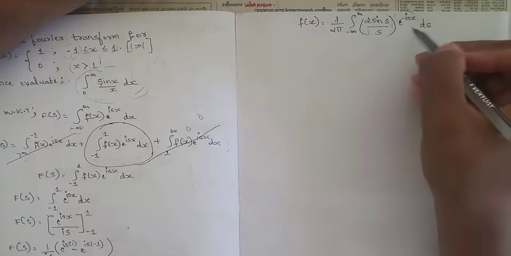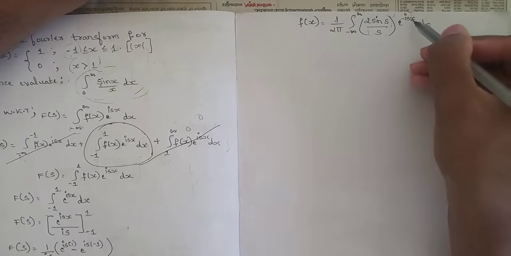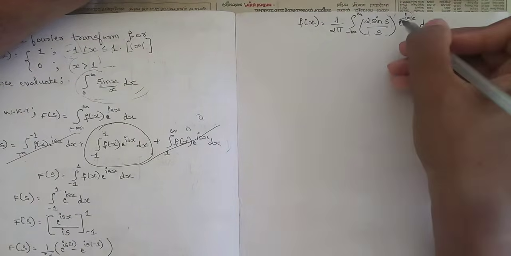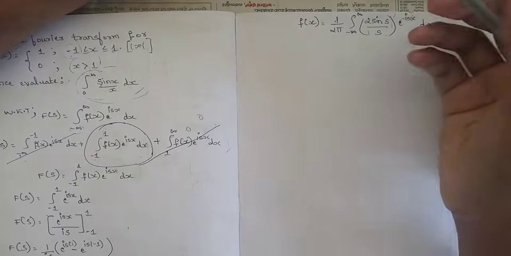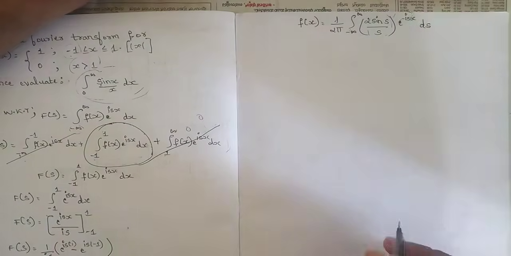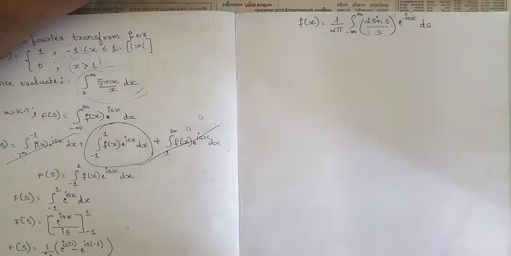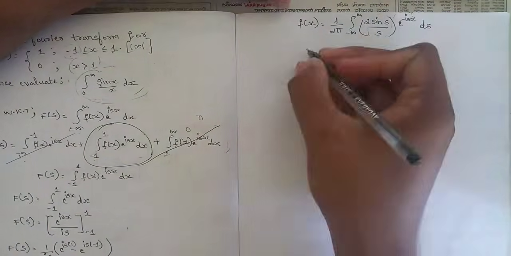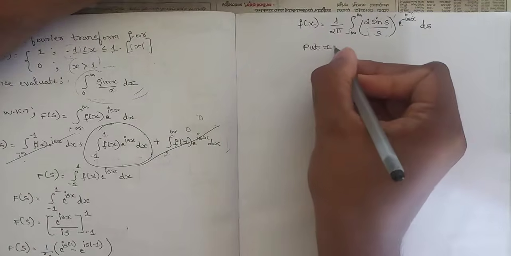So in order to neglect this term, if we substitute the value of x as 0, we know that e to the power 0 is equal to 1, right? So this gets eliminated. Okay, so in a similar way we need to solve these types of problems. So now put the value of x equal to 0 in this case.